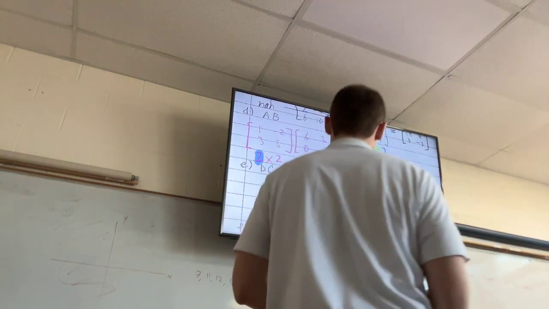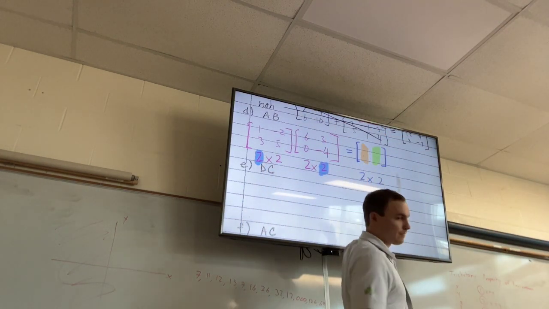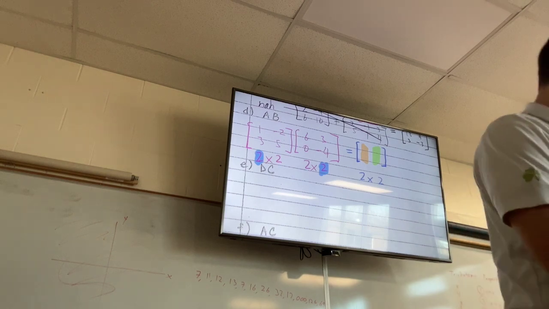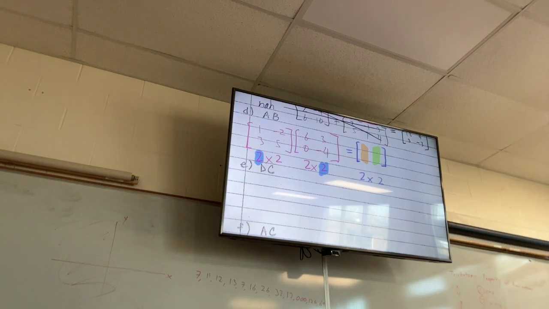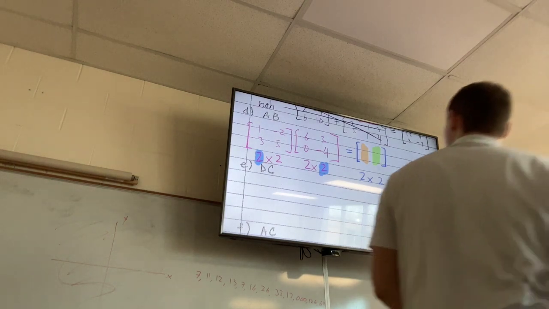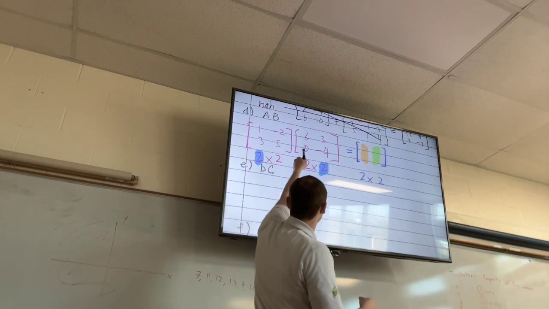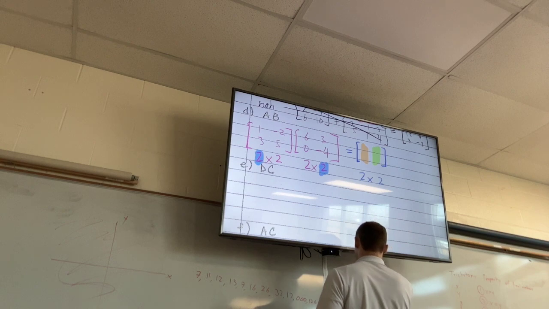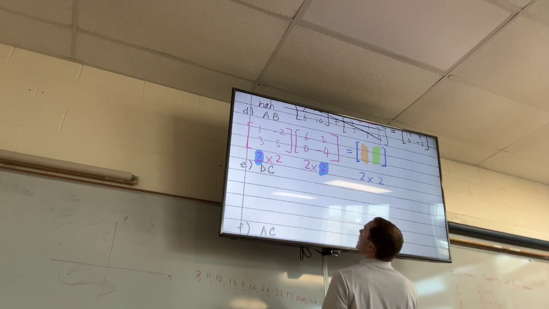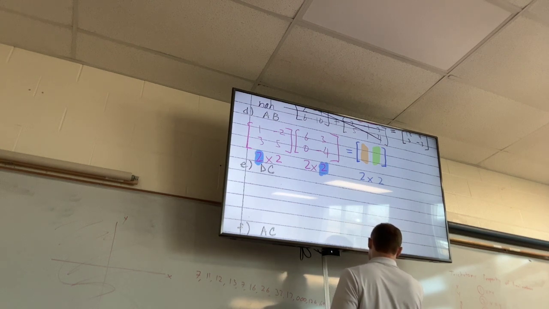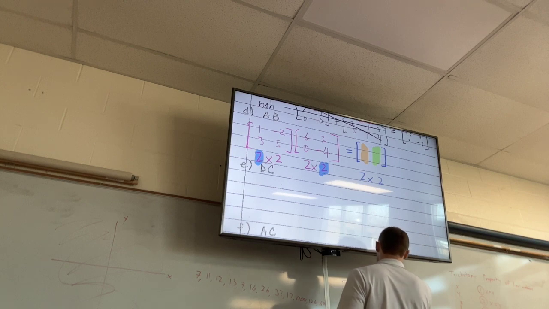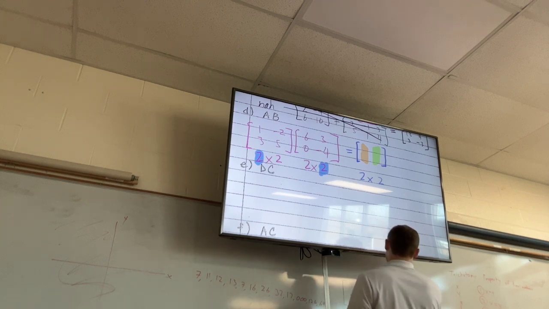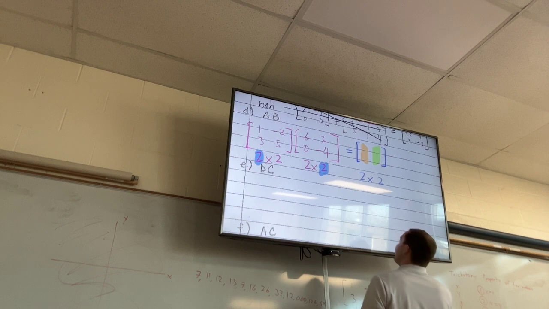So to get the first column of my answer, what I do is I take the first column of B, the second matrix. So we're doing 1, 3, -2, 5 and 6, 0, 3, -4.